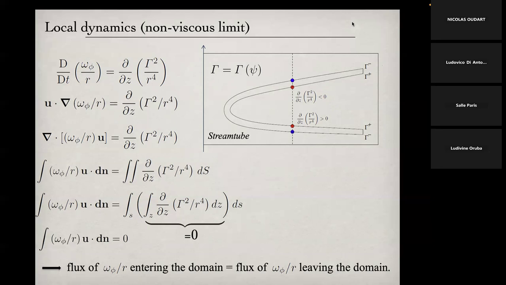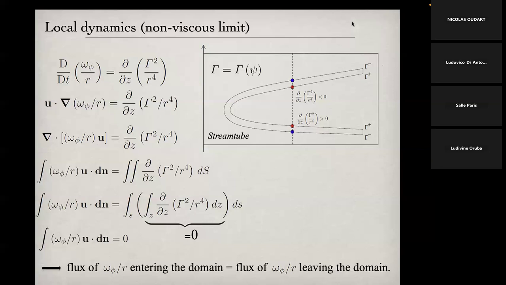If we do so, we get that the flux of the azimuthal vorticity through the contours of the stream tube equals the integral of the vortex tilting term over the surface of the stream tube. And actually, this integral on the right can be rewritten as an integral in the z direction at a given r. And since gamma is constant along the contours of the stream tube, this integral is 0.